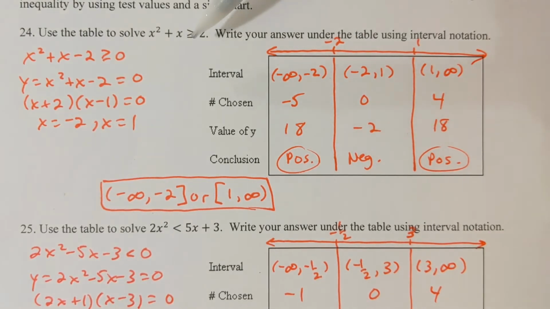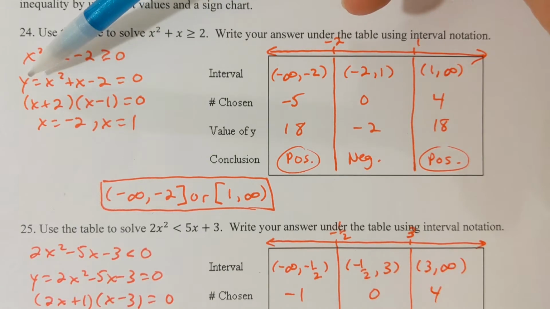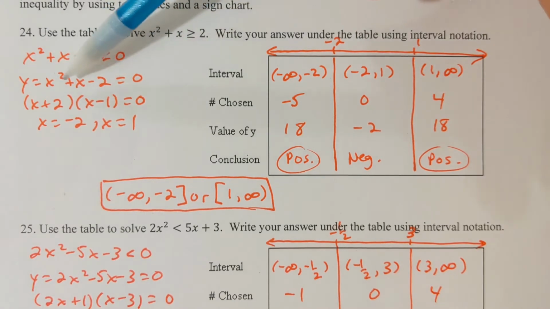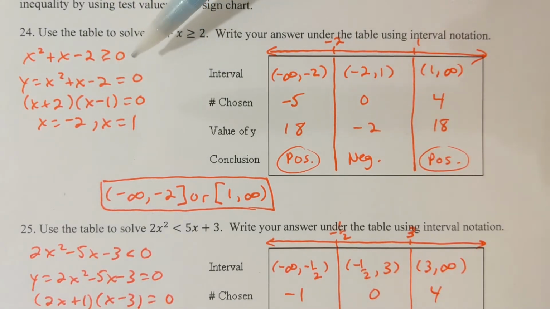First thing that you want to do is get all the terms onto the left. Okay, and then you're going to call the left side anything you want. I always just call it y. So you're going to say y equals x squared plus x minus 2, and then you're going to set y equal to 0. And we're going to solve this temporarily as if it were an equation.